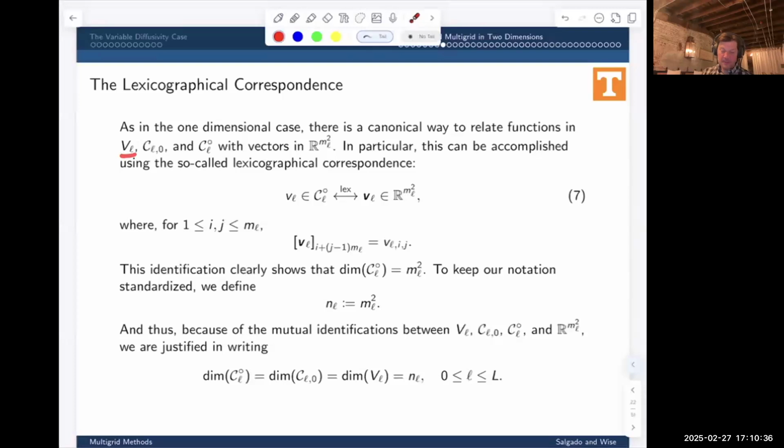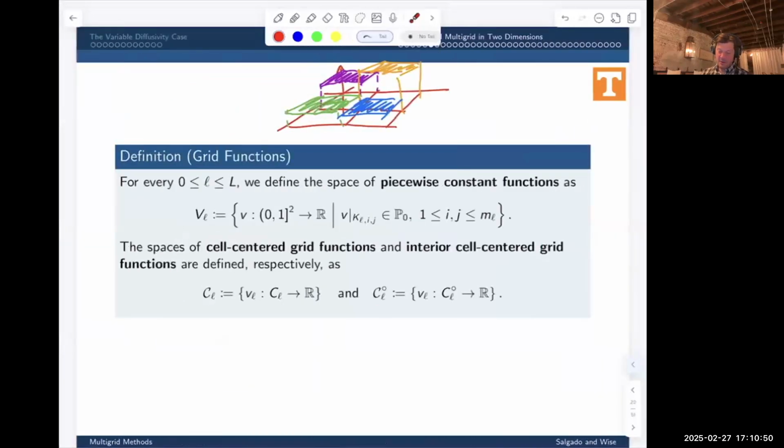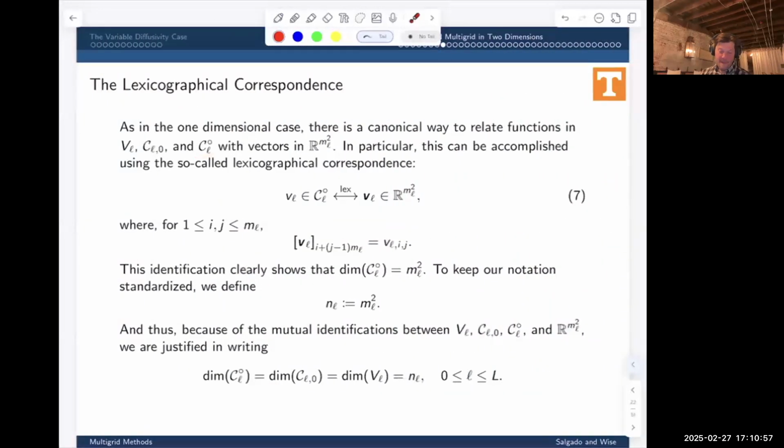That can be related to these functions, and this can be related as well. These are the space of cell-centered functions defined only on the interior grid points, and I defined that here. So those are functions that are only defined on the interior grid points. All of these function spaces can be related to each other.